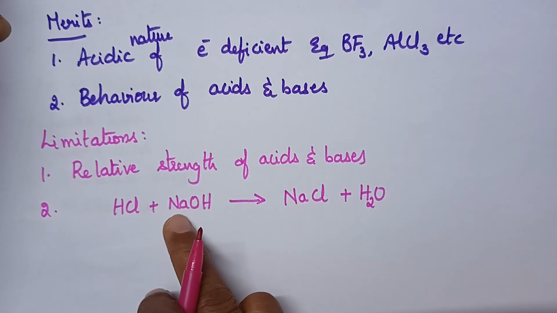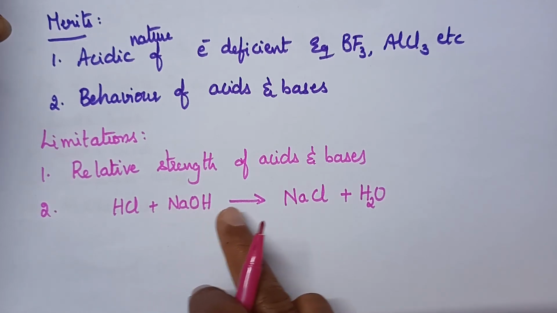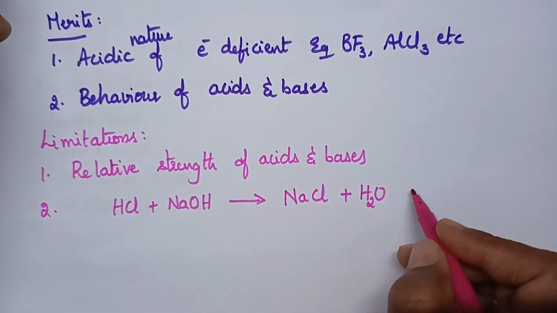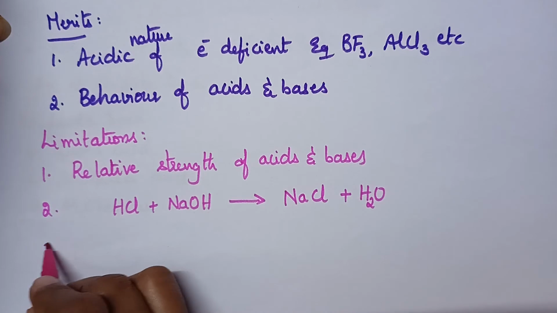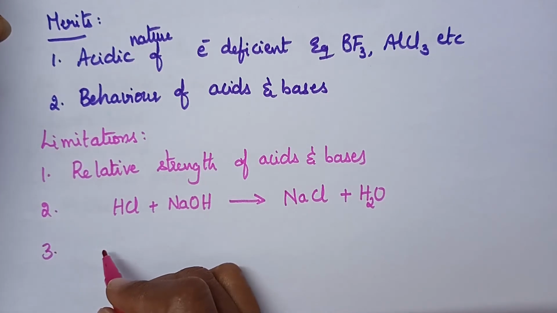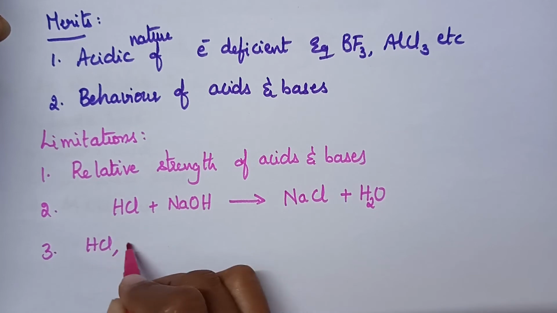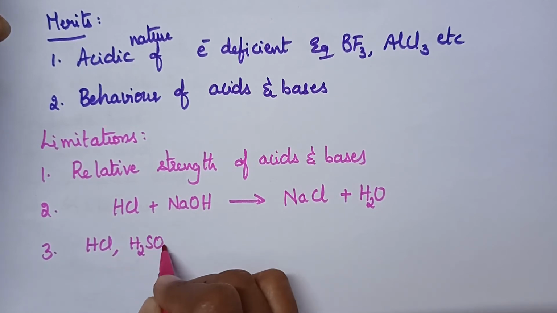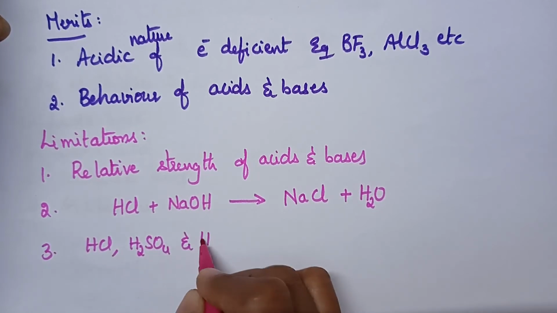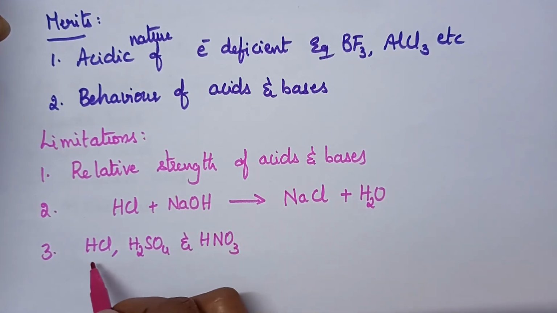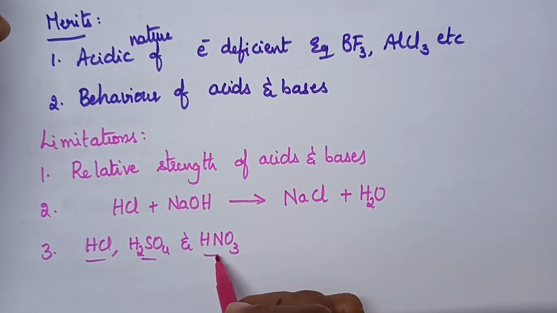So in general, simple acid-base reactions do not involve the formation of a coordination covalent bond, which is against Lewis theory. At the same time, the well-known acids HCl, H2SO4 and also HNO3 do not form coordination covalent bonds, but they are the well-known acids.